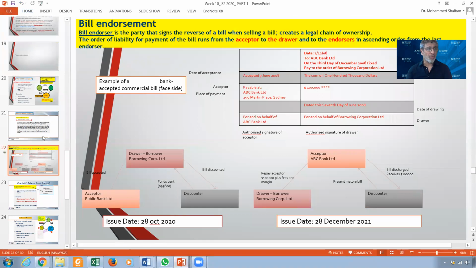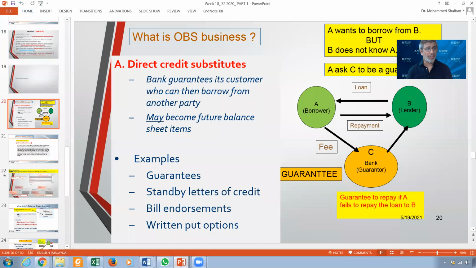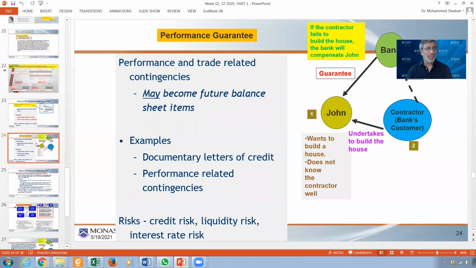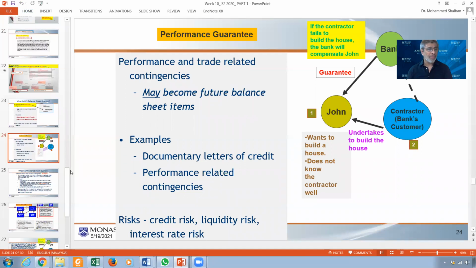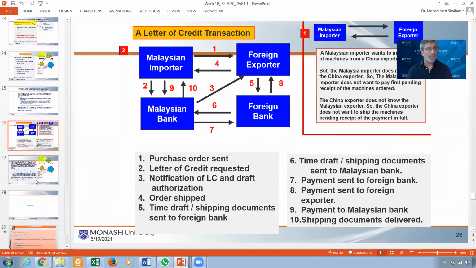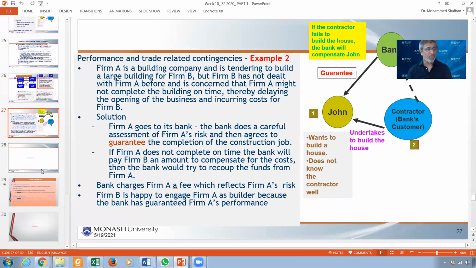The paper, how does it work? The bill endorsement, how does it work? The guarantees, how does it work? The documentary letter of credit, how does it work? The performance, how does it work? All of those, I don't want you to worry about it.